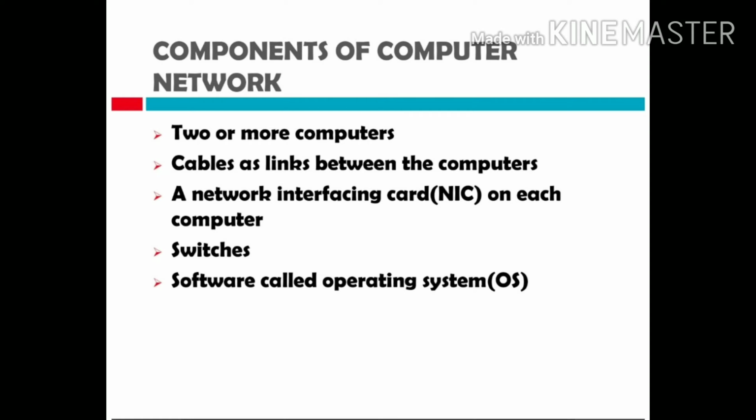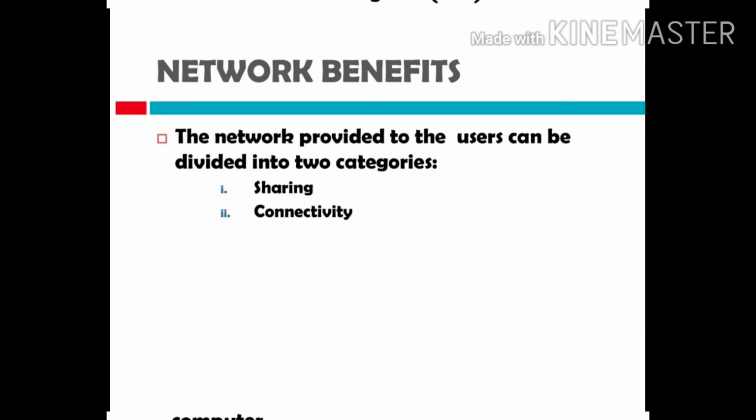When we interlink systems, when we interconnect two systems with each other, that is an example of networking. In this slide, network benefits were explained. What are the network benefits? How can we take the benefits of networks? The benefits the network provides to the users can be divided into two categories: sharing and connectivity.